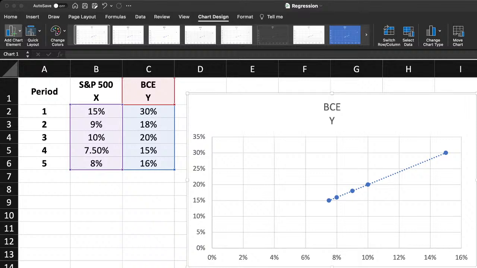You want the equation of the line and the R square, right? So here's more trend line options. Can you see all this? Let me check. Oh, you don't see that. Okay, let me put that on the screen.